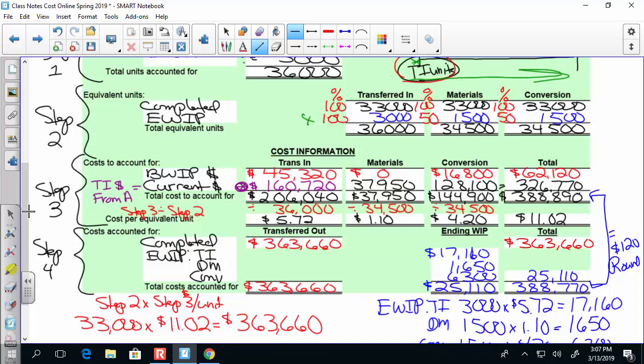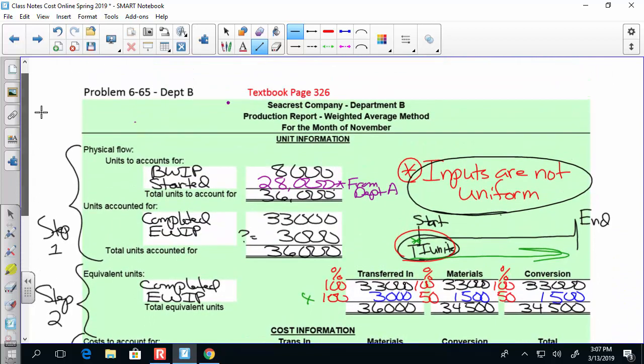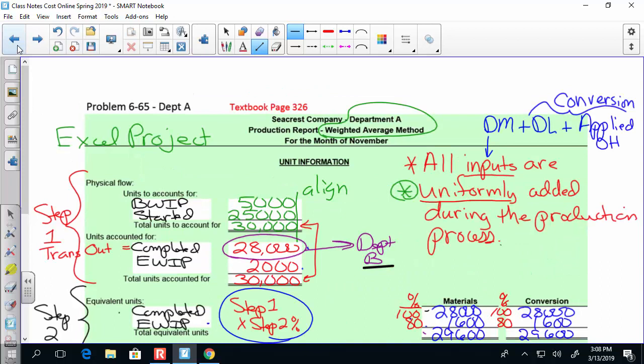This example, problem 65, is a great example for your 50-point problem. You'll have maybe a partner doing department A and the other department being done by the other partner. So take a look at it. Most students will do both so they get an understanding of these departments and how they work.